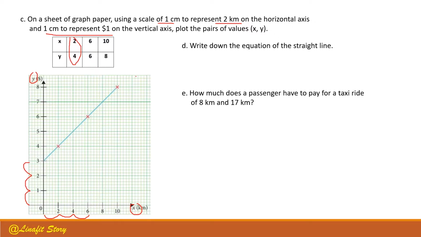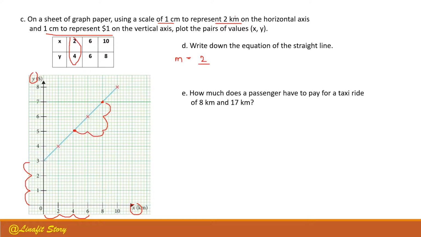Question D. Write down the equation of the straight line. The line slopes upward, so the gradient is positive. To get the gradient is how far up out of how far along. So for example, we choose this coordinate. How far up is? 1, 2. 2 out of how far along? 1, 2.